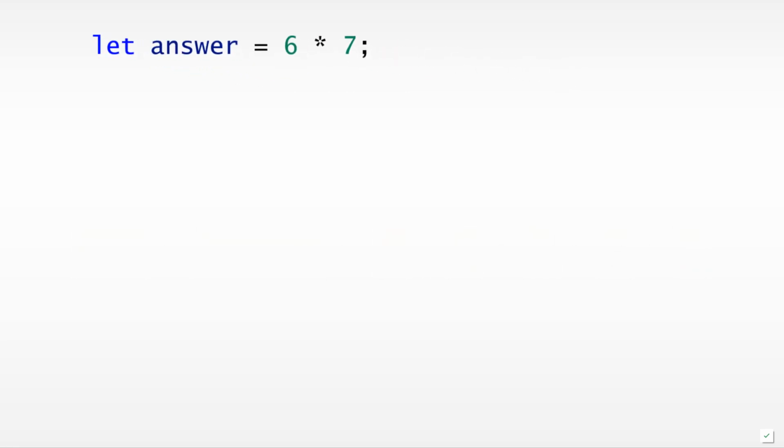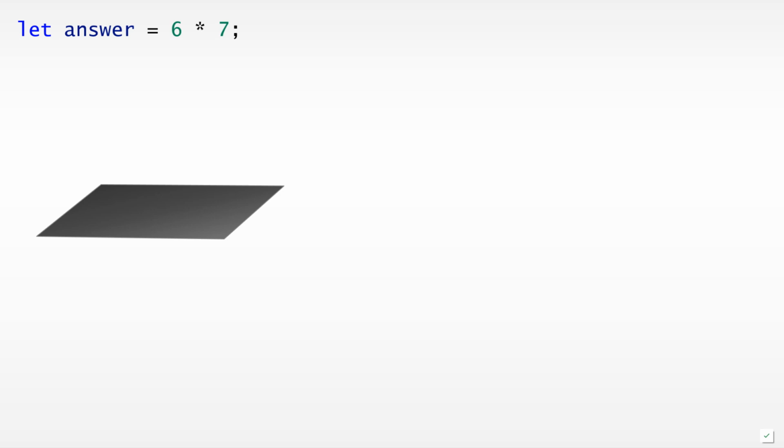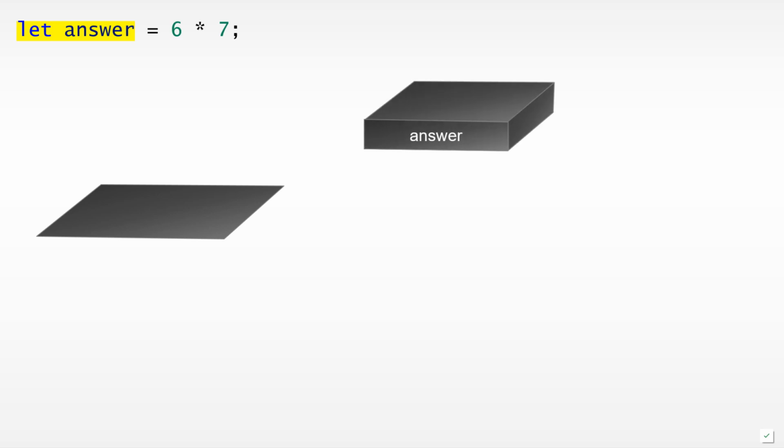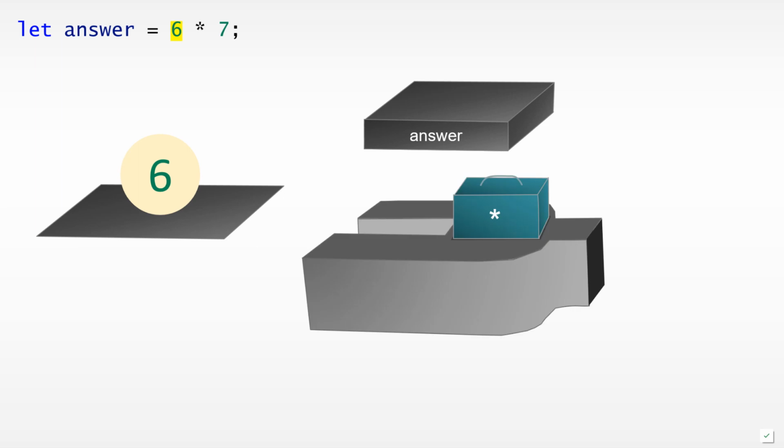So let us use one of our models to visualize the code. Let answer, in this case, would generate a variable in which we will be assigning a value. The value itself would be made up of the number 6, a primary expression, which would be one of the inputs into a multiply operator.